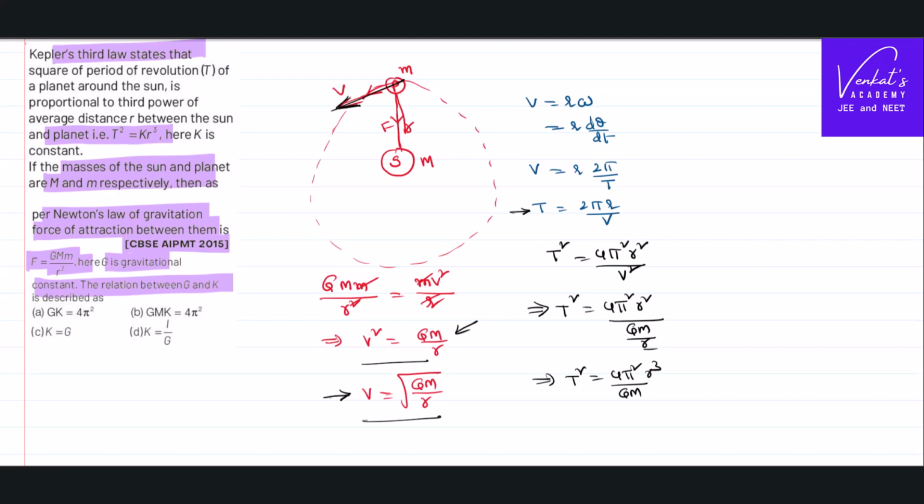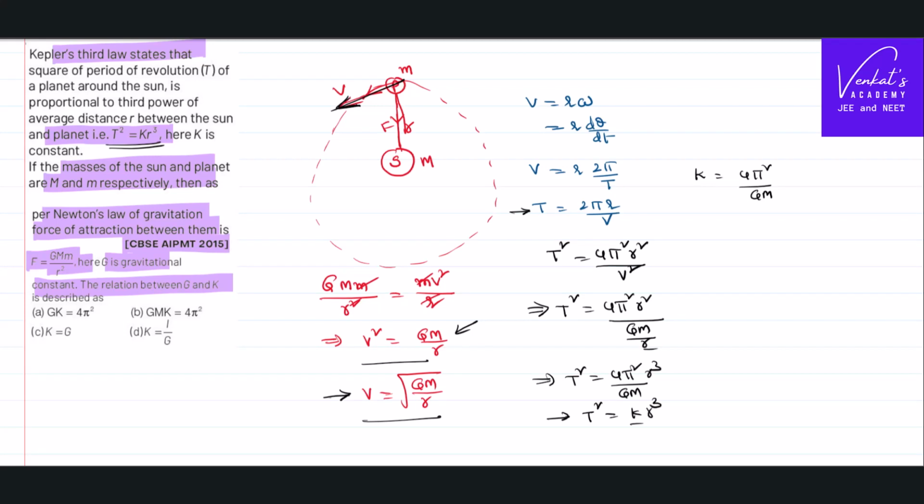right? Now, as 4 pi square by GM is a constant, we can say T square is directly proportional to r cube. Comparing this with the standard equation given in the problem, T square equal to k r cube, we can say the constant k here is equal to 4 pi square by GM.